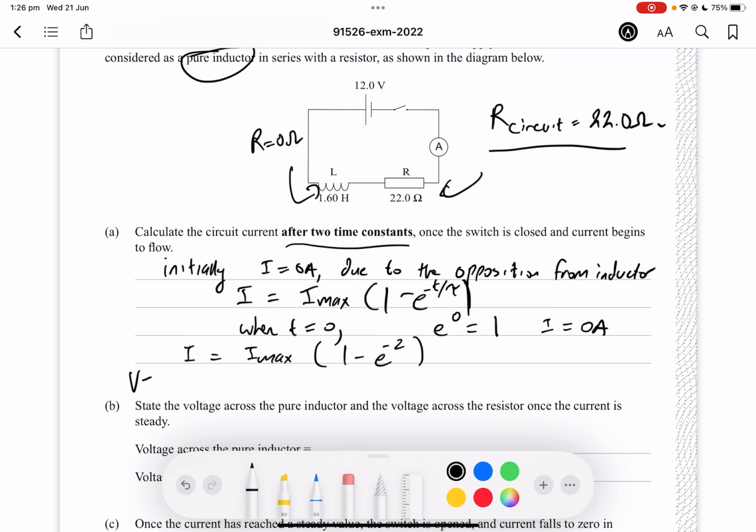Simply V equals IR, so 12 equals I times 22, and I equals 12 over 22, which equals 0.545 amps.